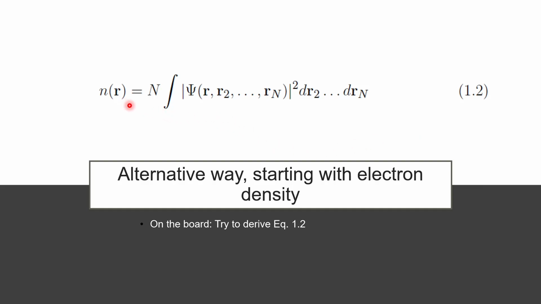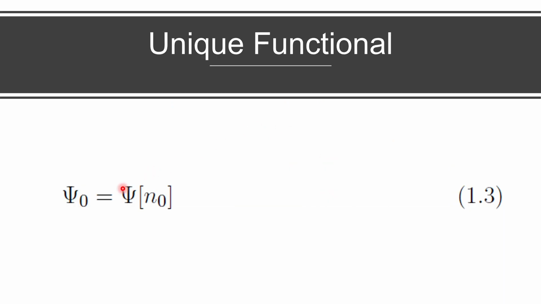Our electron density can be described as N times this integral of the probability function over the interaction between electrons, and so we can also extract from this that the Schrödinger equation for the ground state would be a unique functional of the electron density.